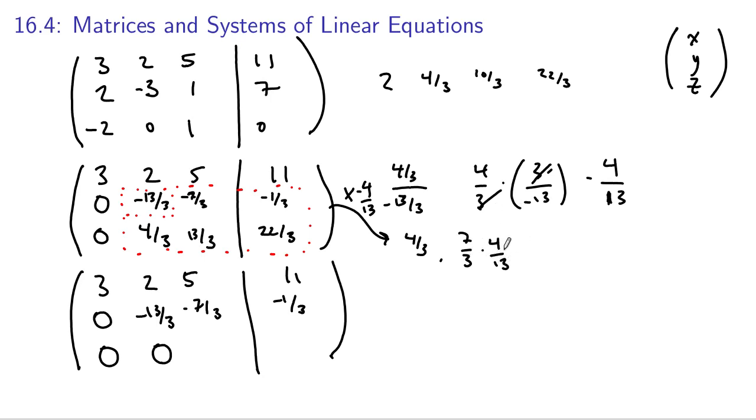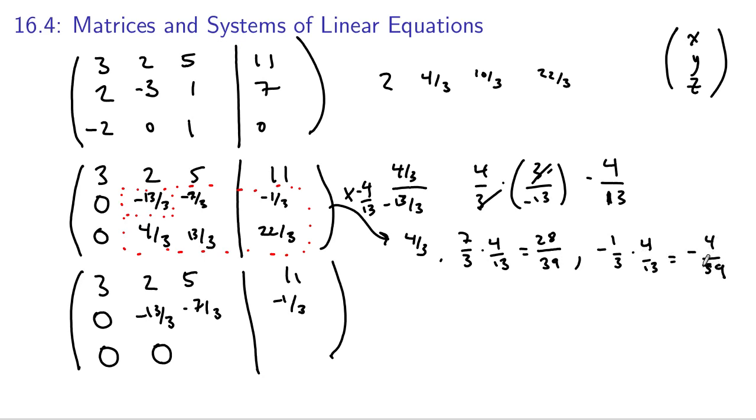And there's nothing in common here, right? 13 is prime, 3 is prime, 7 is prime. 4 is 2 squared, but there's no 2's in the denominator, so this is just going to be multiply the numerators and denominators. 7 times 4 is 28, and 3 times 13 is 39. And this last negative 1 third times 4 thirteenths is going to be negative 4 over 39.